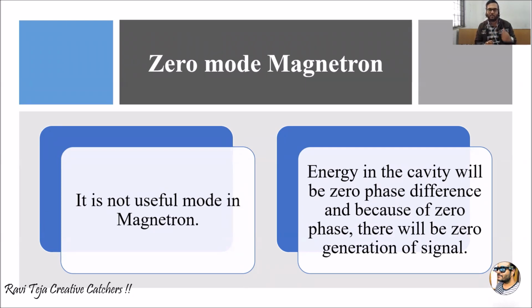Whenever the electrons travel from the cathode towards the cavities, there won't be any phase difference; they won't be traveling in a 180 degrees phase difference. If there is a zero phase difference, there will be no generation of signal. That's why this mode is called zero mode magnetron. It is not a useful mode because it obtains zero output.